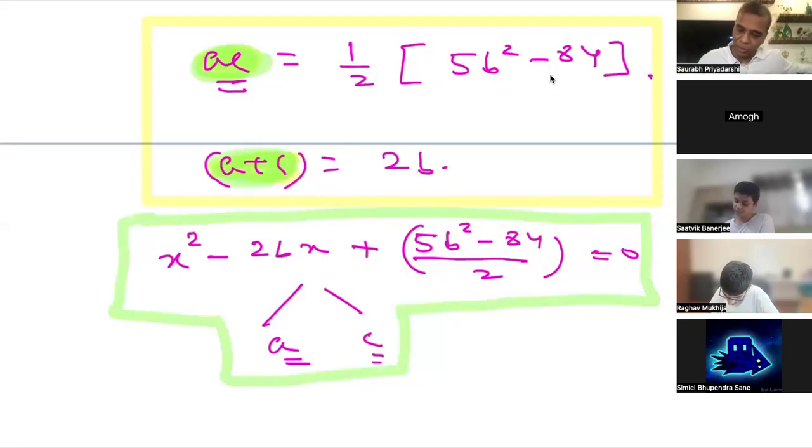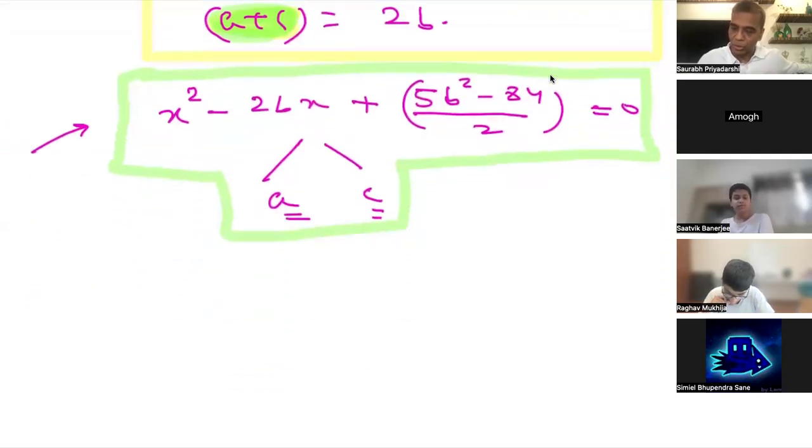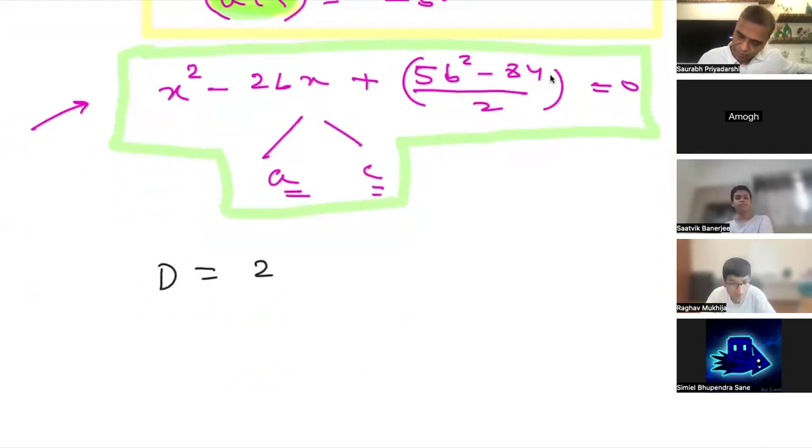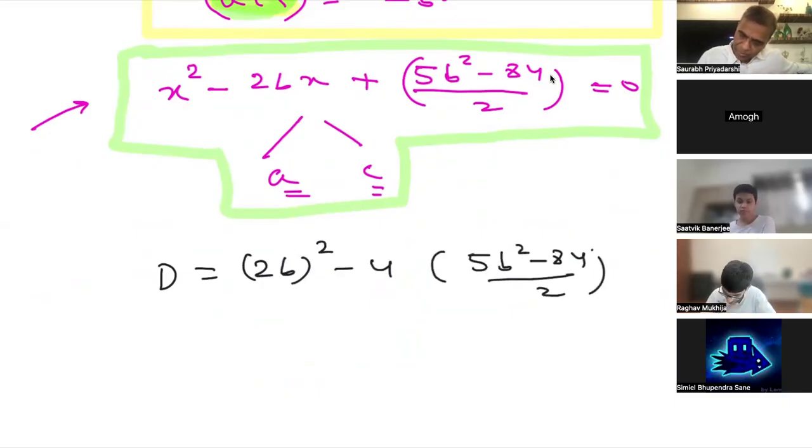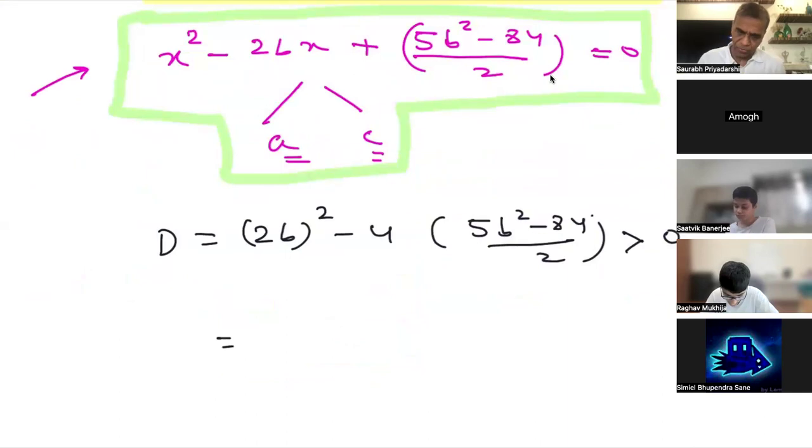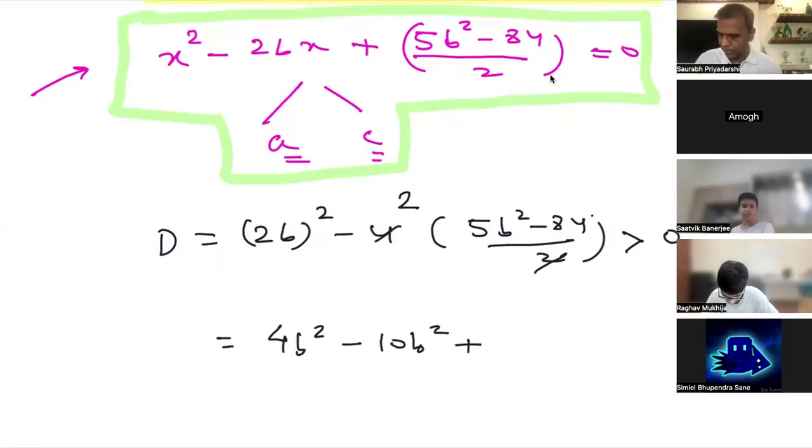And if this is the quadratic equation, the roots of the equation must be real, so the discriminant, b squared minus 4ac, must be greater than 0, only greater than 0, because distinct roots are there. A is not equal to C. So this is 4b squared minus 10b squared plus 168 greater than 0.